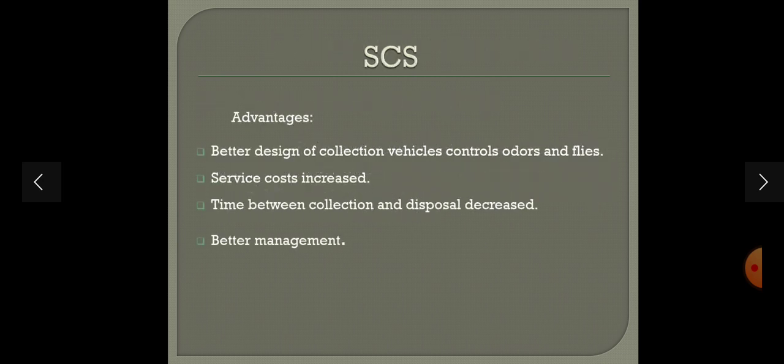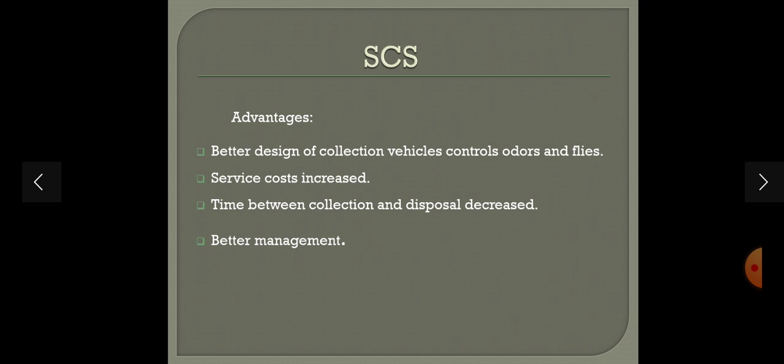And the main advantages of the stationary container system are that better design of the collection vehicles will control the odor and the flies. So it will have a cap, or the containers will be given a cover, so that there will be no odor problem, and the flies also may be avoided.